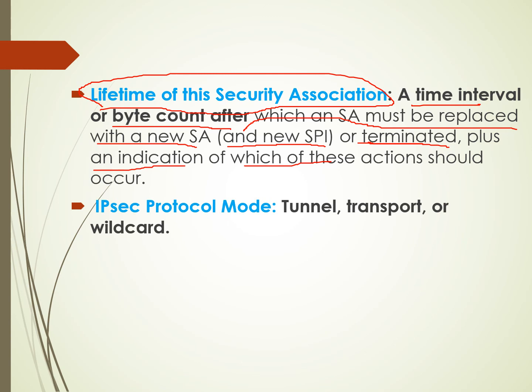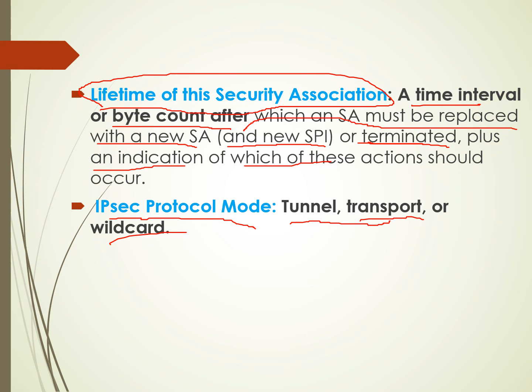So next, IP security protocol mode. We have already come across the different types of modes that can be used for IP security protocol. One is tunnel mode, and the second one is transport mode.